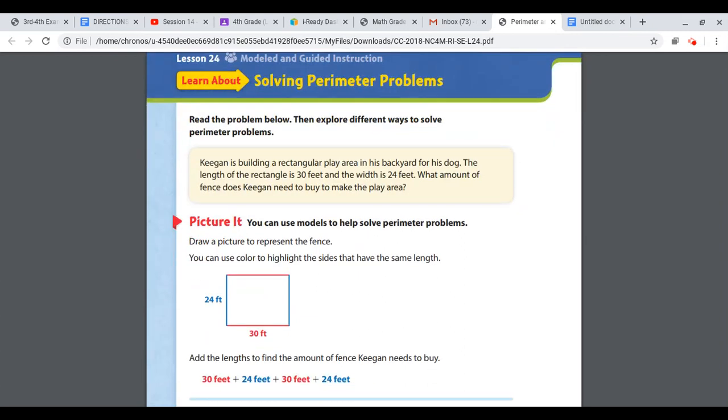Solving perimeter problems. Read the problem below, then explore different ways to solve perimeter problems. Okay, I want you to read this problem to yourself, and then I'm going to read it to you.